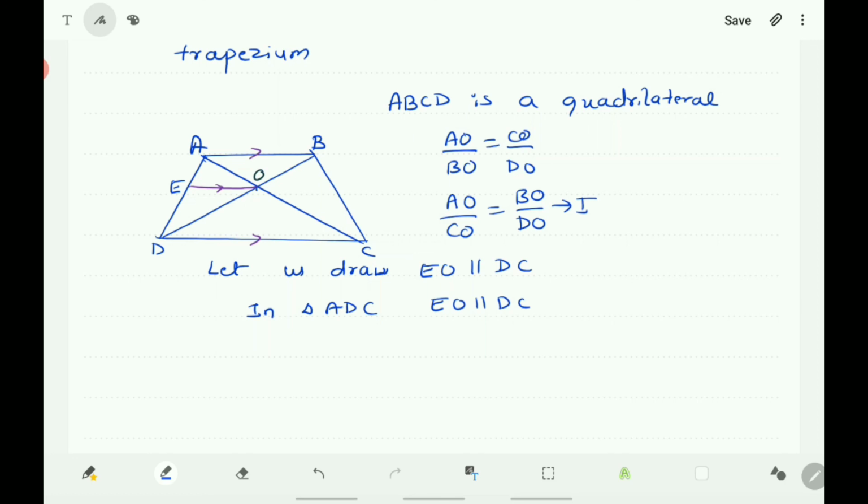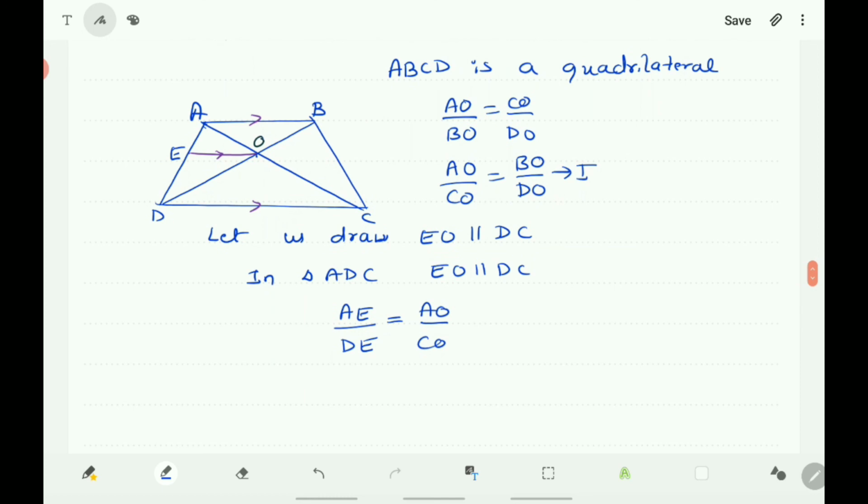Next, in triangle ADC, EO is parallel to DC, that you have done by the extra construction. Now you apply the Thales theorem: as EO is parallel to DC, you can write AE by DE is equal to AO by CO.